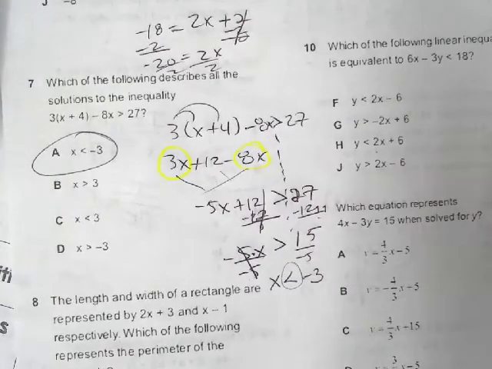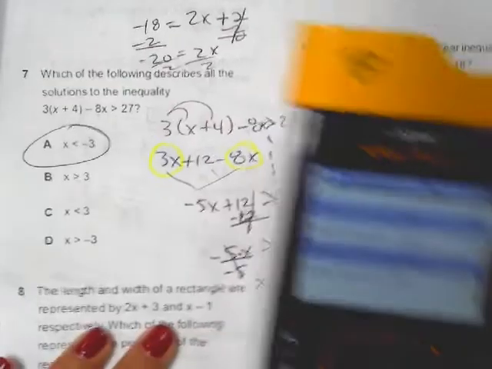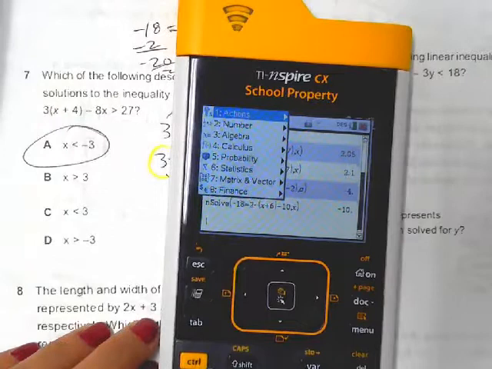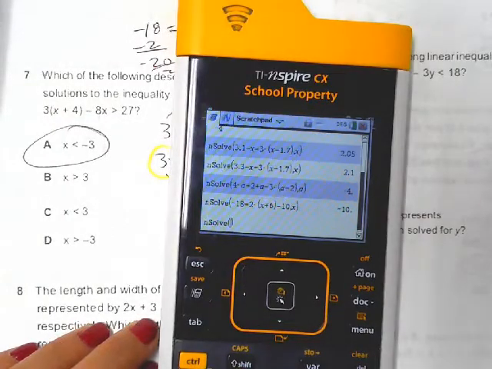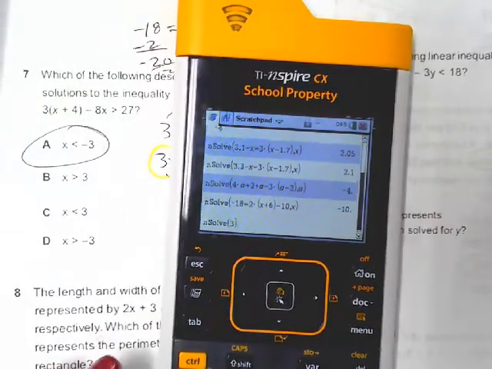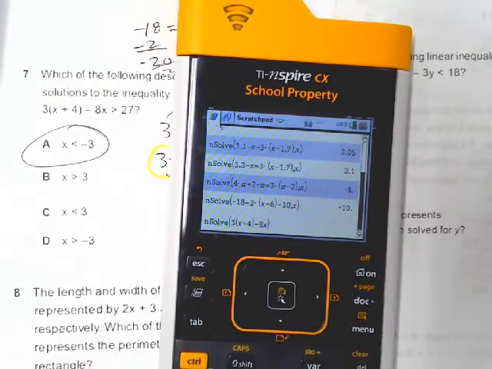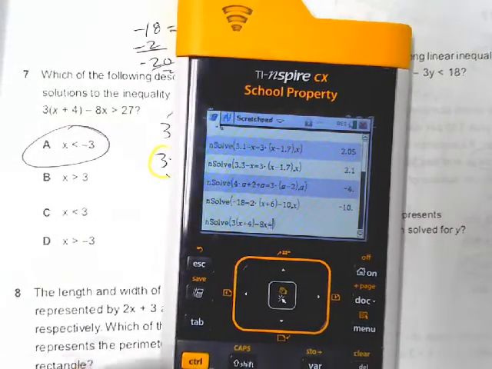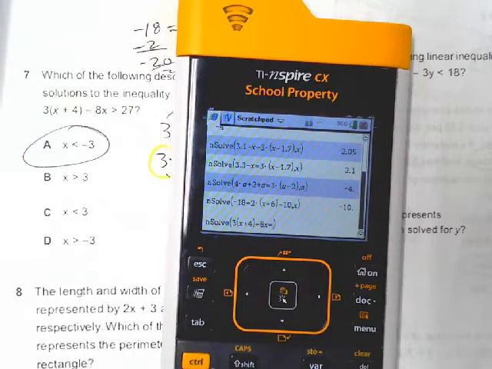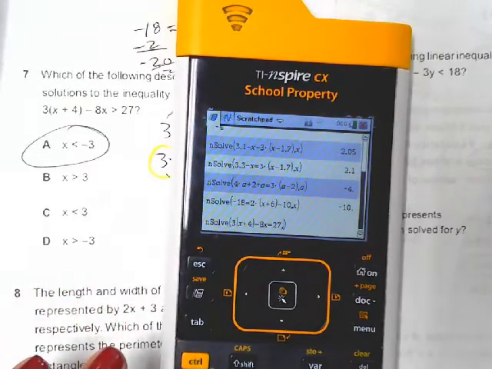Now you could use numerical solve, but that will not give you the whole answer. Menu, algebra, numerical solve, you can type in the equation, but you cannot put the inequality sign. It will only work if you put equals. So 27, comma, x.